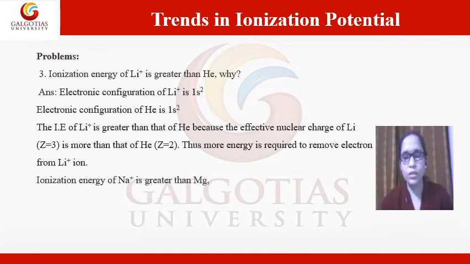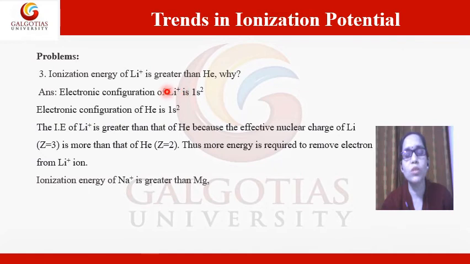Let us discuss the next problem. What is the next problem? The ionization energy of lithium plus is greater than helium. Why? We know the electronic configuration of lithium is 1s2, 2s1. What is the electronic configuration of lithium plus? Lithium is converted into lithium plus by removing its 2s1 electron.